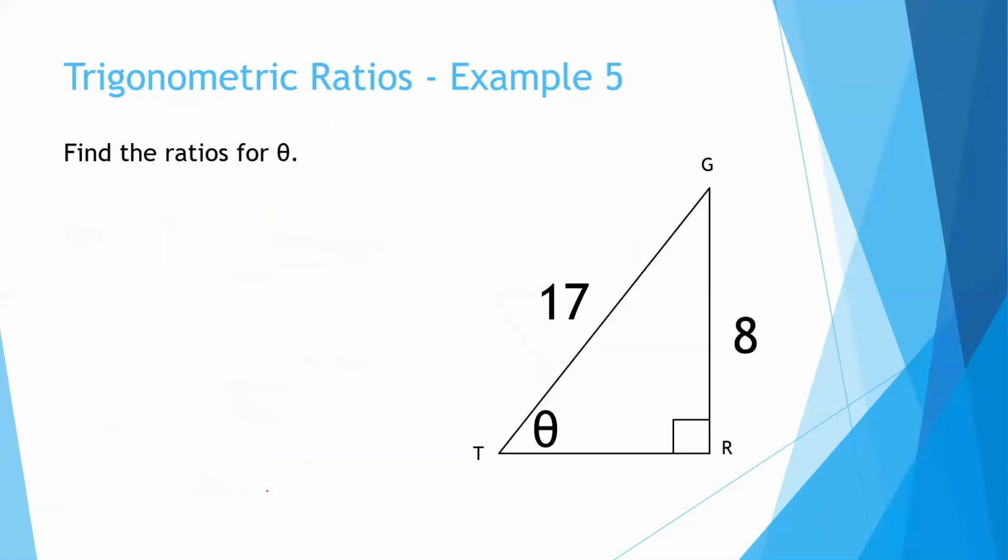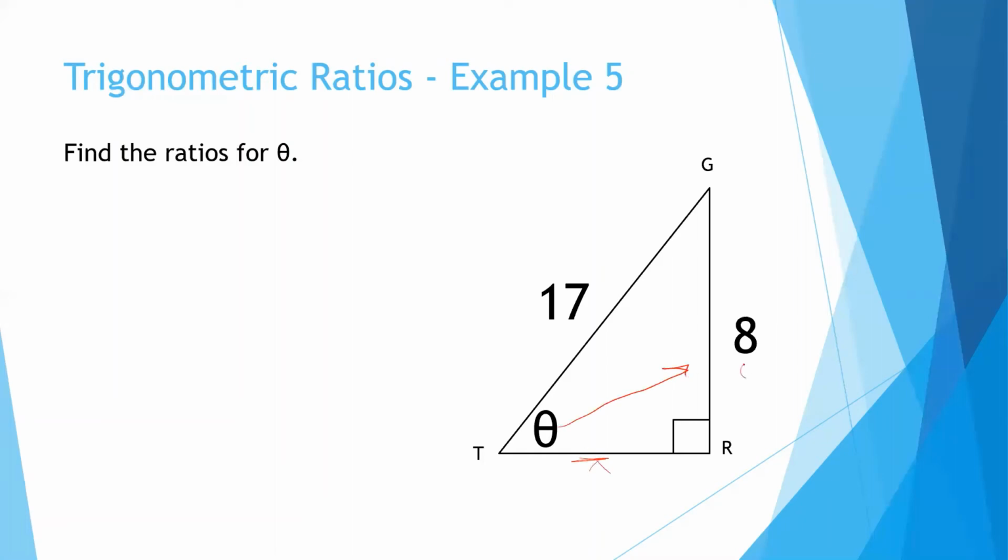Okay, last example. Find the ratios for theta. So remember we said theta can be our angle of interest or it can be our unknown angle. So theta is right here. So we need to figure out what ratio or what trigonometric function to use. So let's look at what we know. Well, we don't know this side, so that's no. Okay, we know this side.